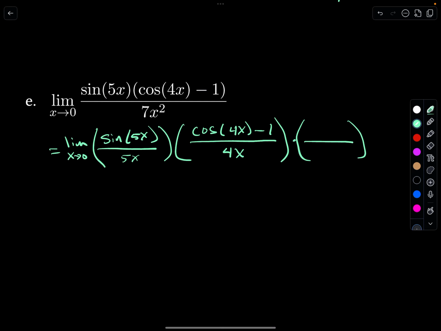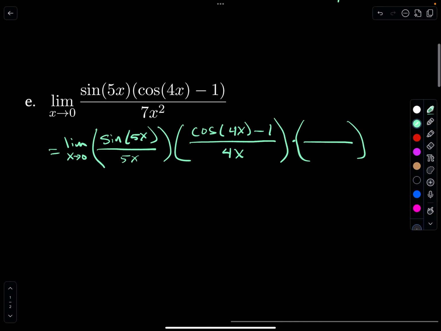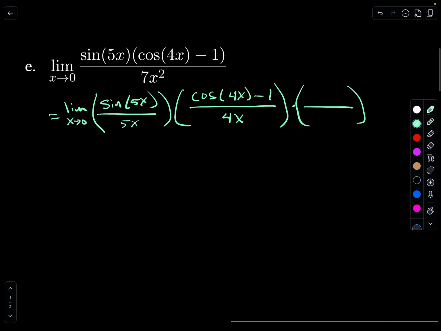But let me just explain where I got what I got. I know that I'm going to want to have sine of 5x over 5x. That's this familiar thing that we've been using all along. And then the cosine of 4x minus 1 should be over 4x, because of this bottom in this glowing pink, purple, fuchsia bubble up there. So that's where that came from. Now, to keep things balanced, notice that I've got x squared already on the denominator.